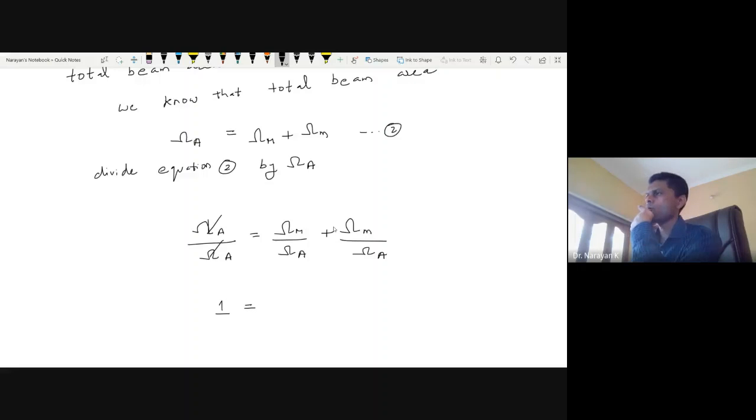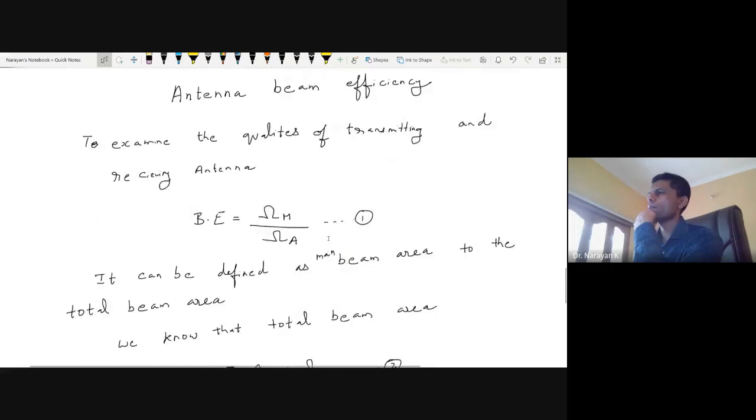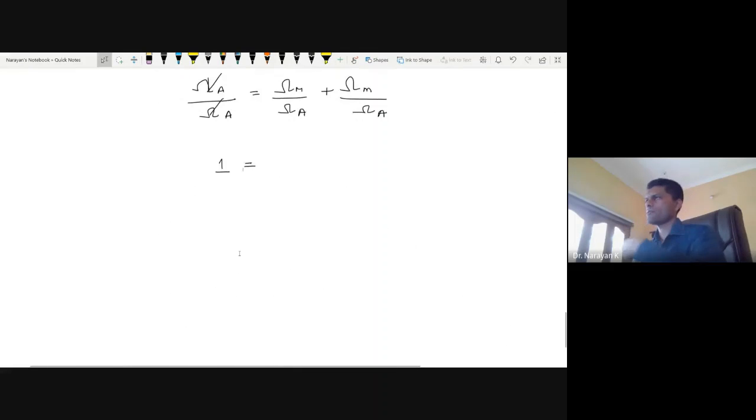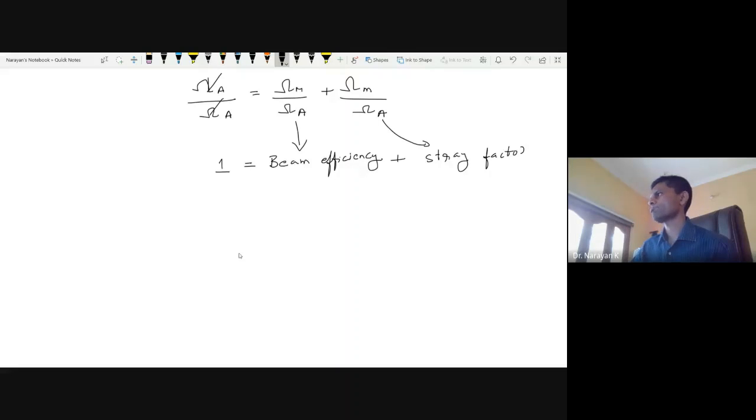Major lobe area by total beam area is nothing but your beam efficiency. So this first term is your beam efficiency, from the definition of beam efficiency. This second term is your loss term, also known as your stray factor.